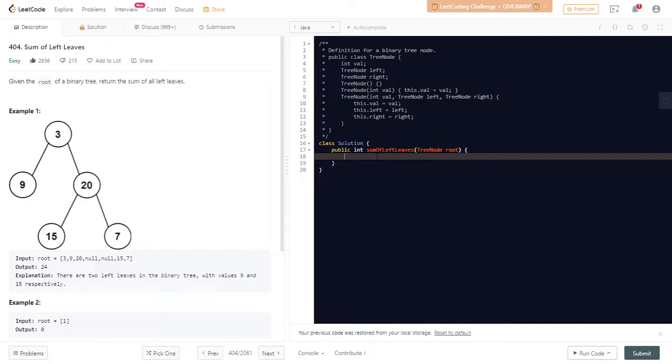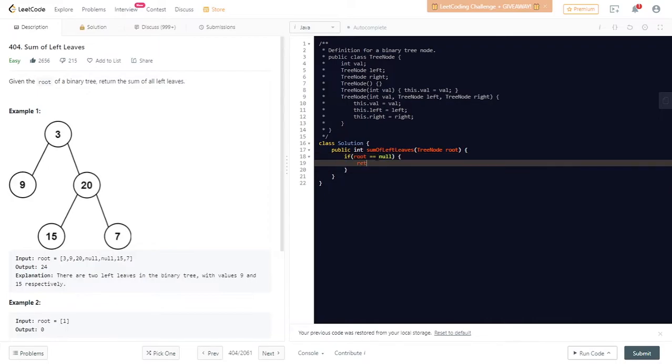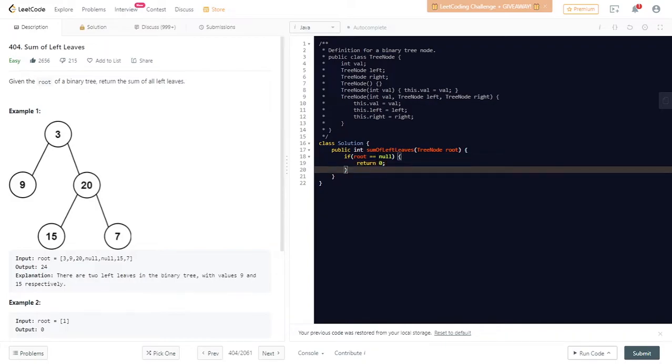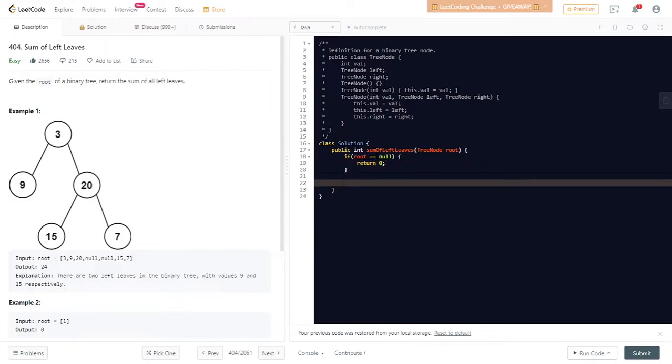What we'll be doing is a mandatory check: if root is equal to null, then we will be returning 0. And then at the end we will be returning the sum of the left leaves of the left subtree recursively.